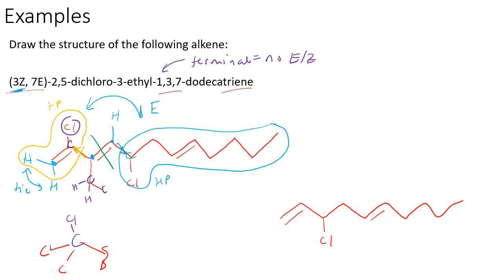And so I'm going to flip the position of my 2 groups. It's a little hard to see, but we had an ethyl group pointed down, and then we had a chloro-substituted group pointed up. So instead I'm going to put my ethyl group coming off of here. So there's my ethyl now, put it up.